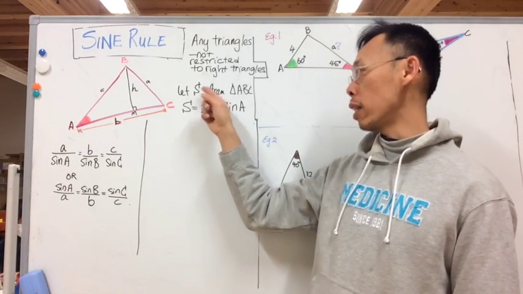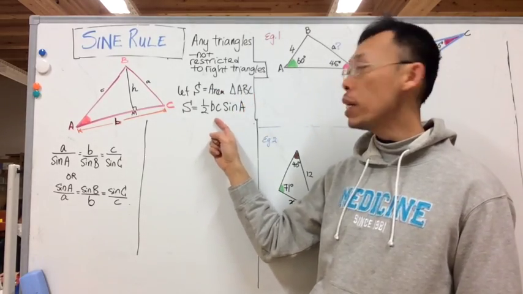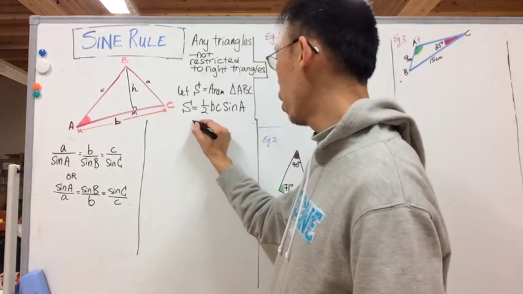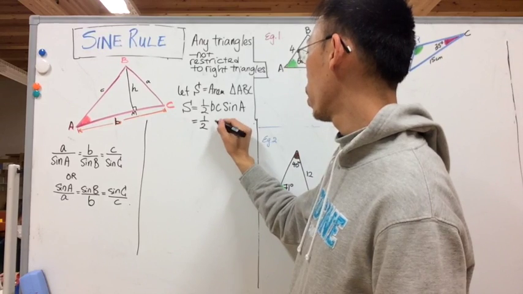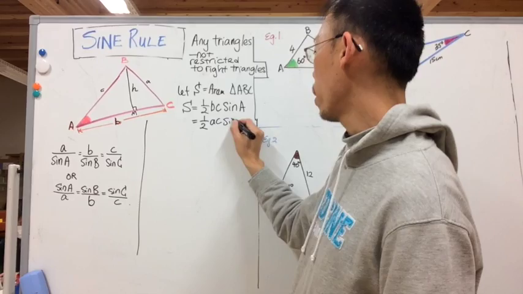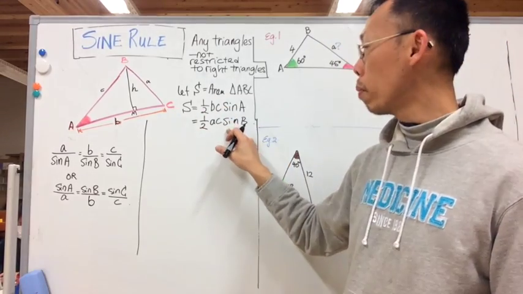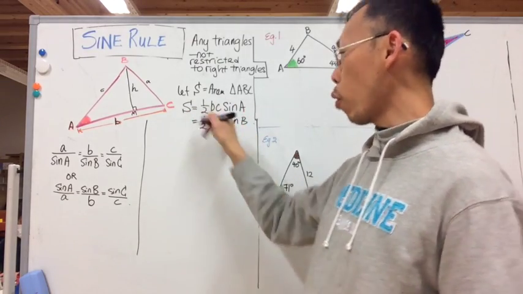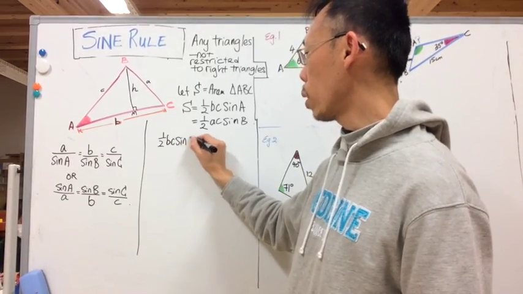S, in this case the area of the triangle ABC, can be written as half BC sine A. I can also rewrite it as half AC sine B, because this is a different expression for the same area. Therefore, I can equate them.